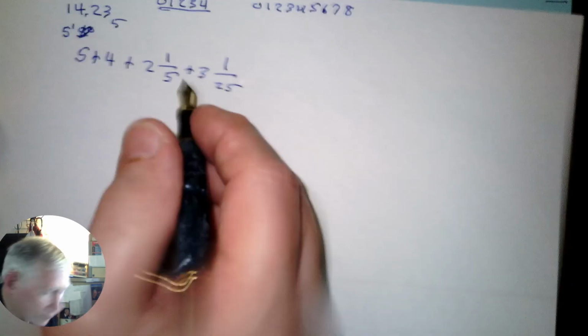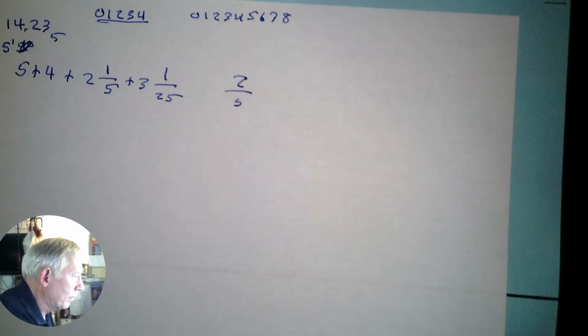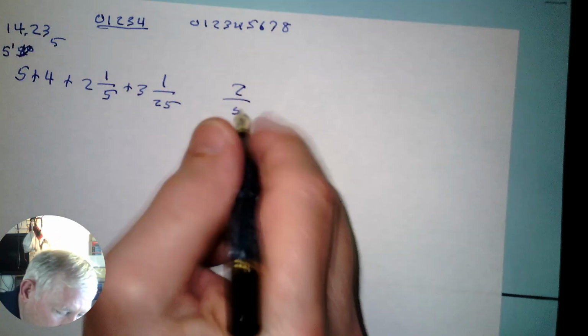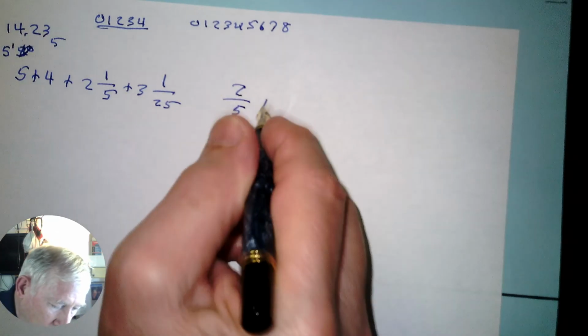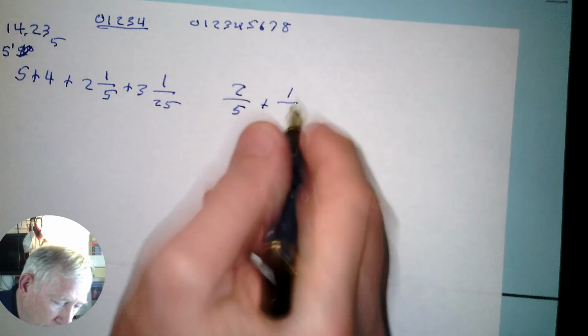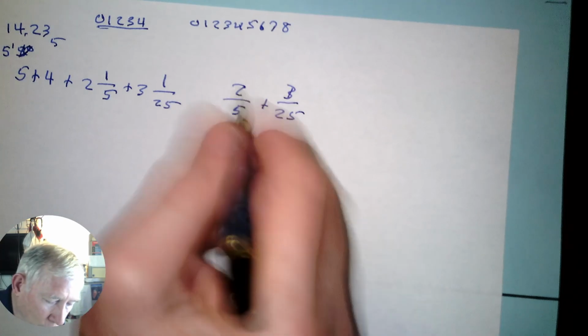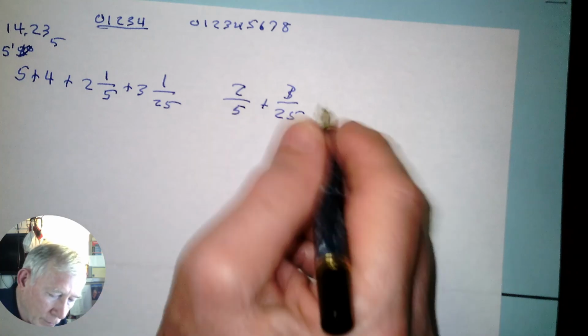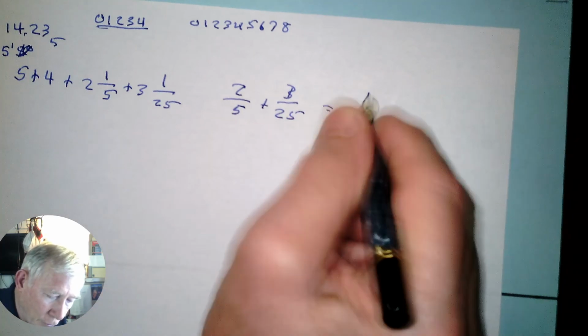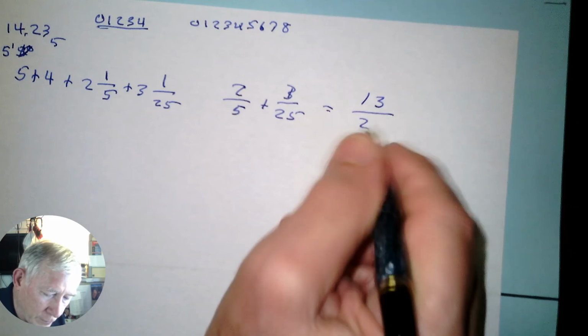All right. So now I have 2/5 plus 3/25ths, and if I multiply this by 5, that's going to equal 13/25ths.